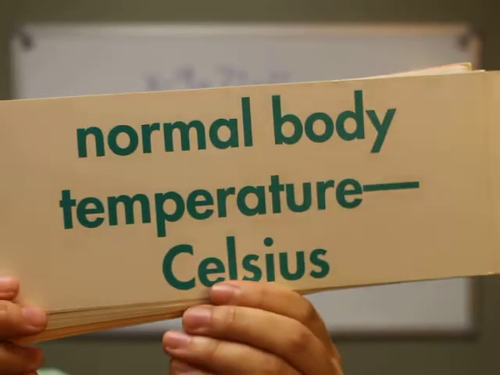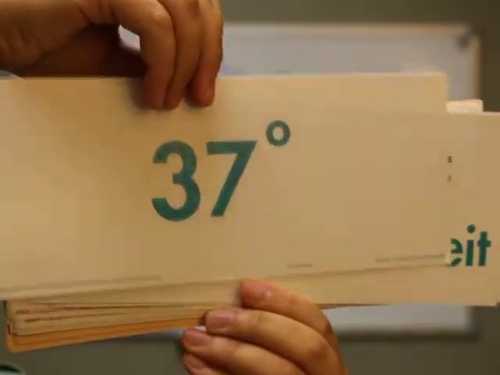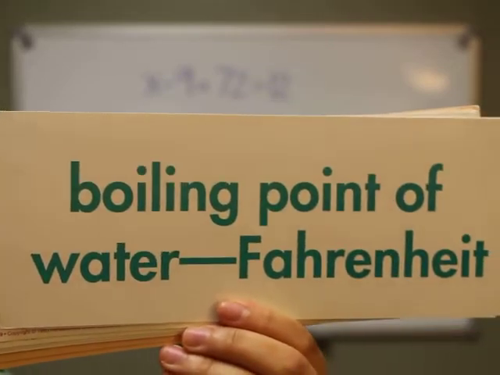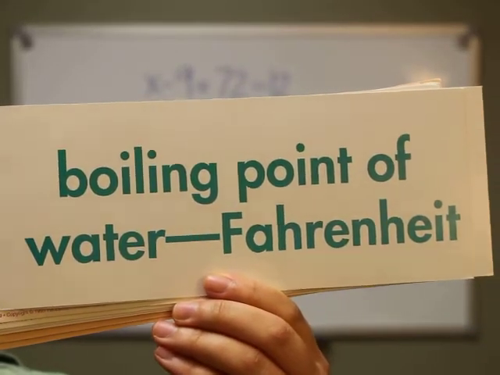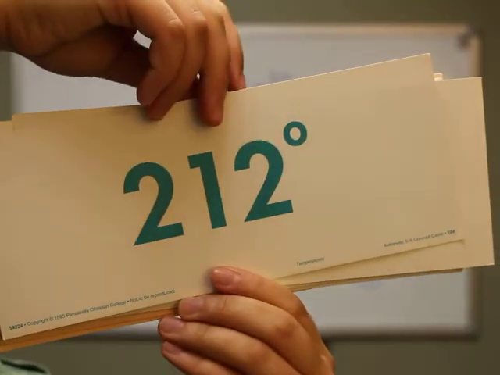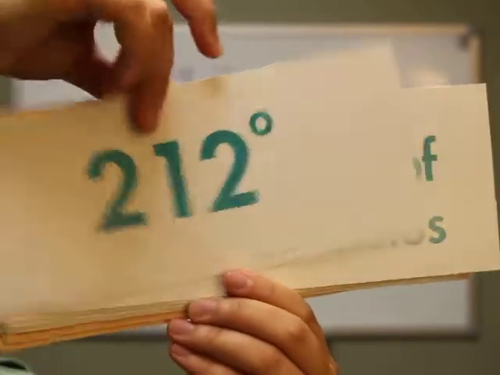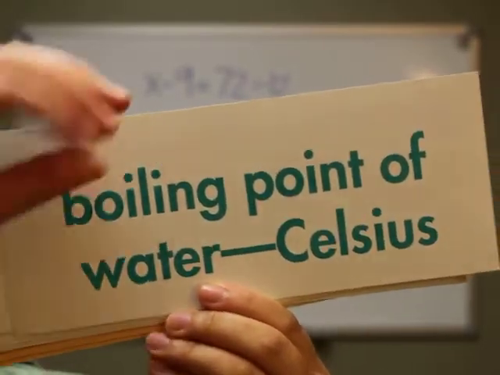Normal body temperature Celsius? 37 degrees. What is the boiling point of water Fahrenheit? 212 degrees. And what is the boiling point of water Celsius?